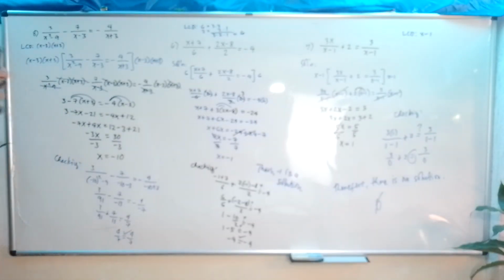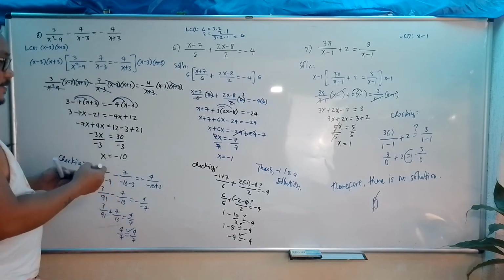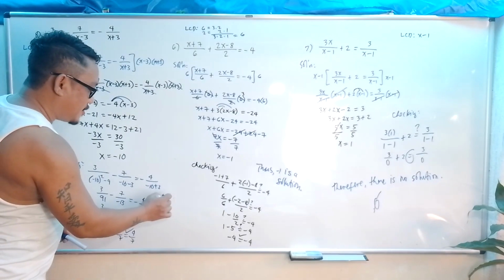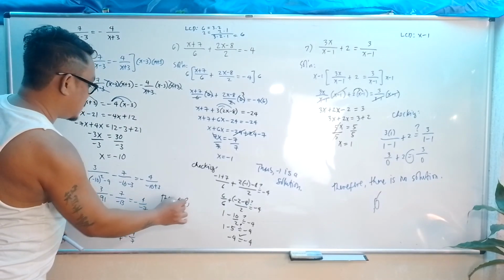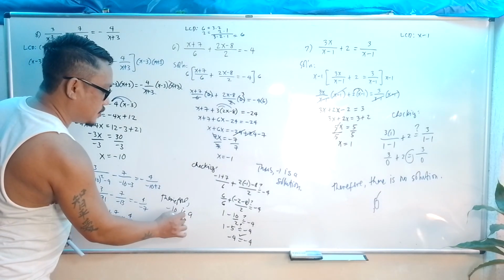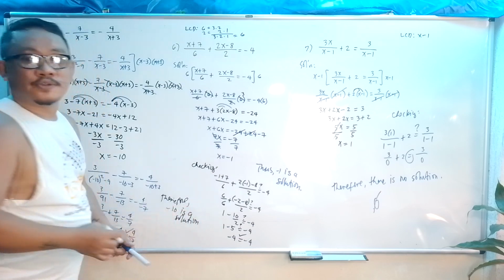So that's correct. Therefore, negative 10 is a solution. No? Solution din sa negative 10.